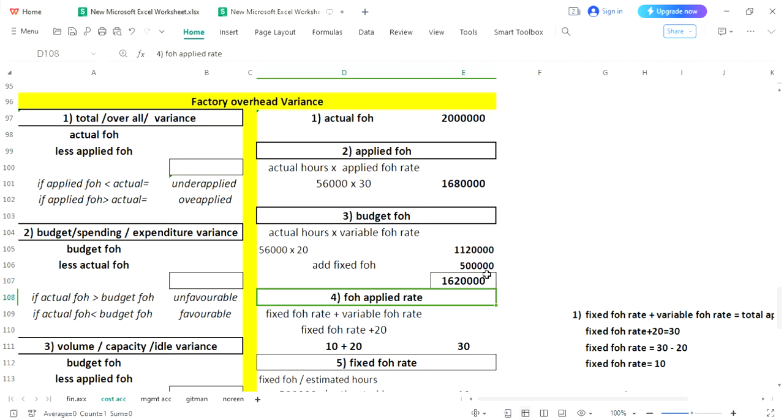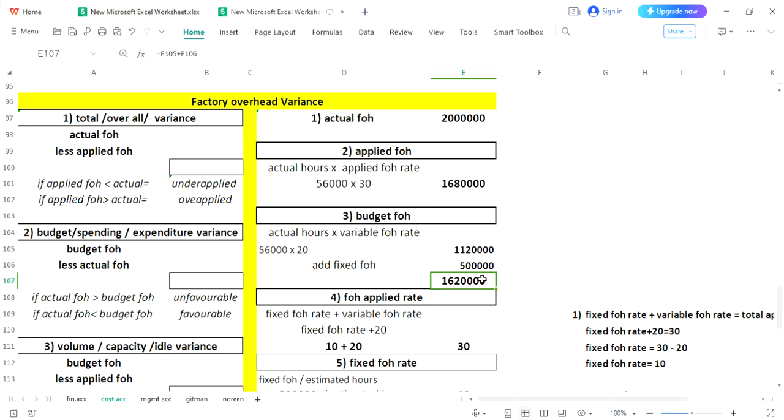This way you have got, I have to check whether there is something wrong. 56,000 multiplied by 20, 11 lakh 20,000, and it is 5 lakh. Why is it looking a little small? I was doubtful. 14th font and here is also okay. Anyhow, you have added both amounts to get your budget FH.